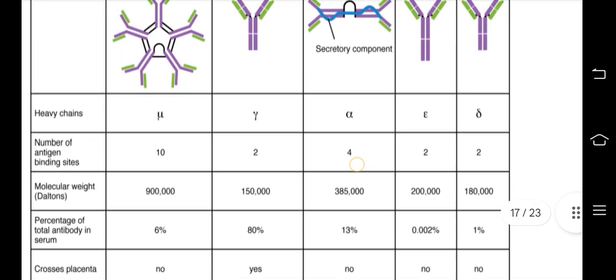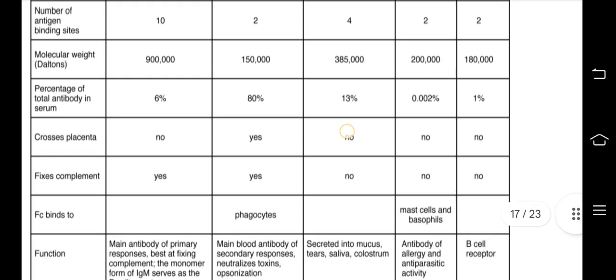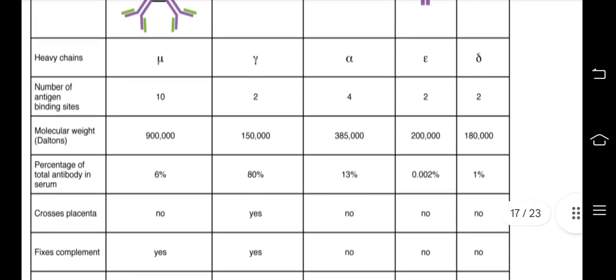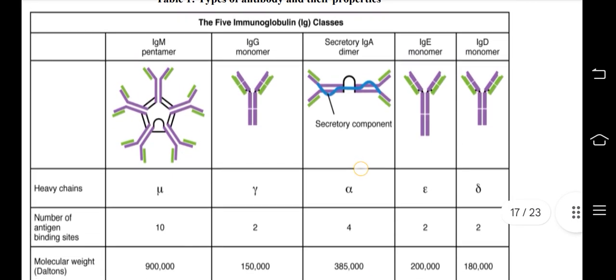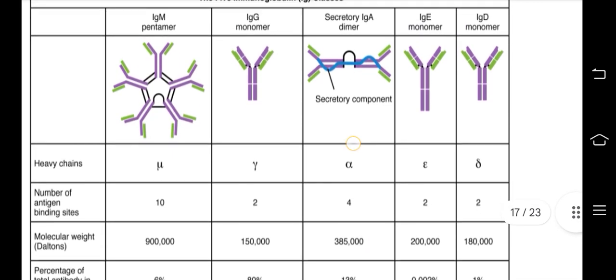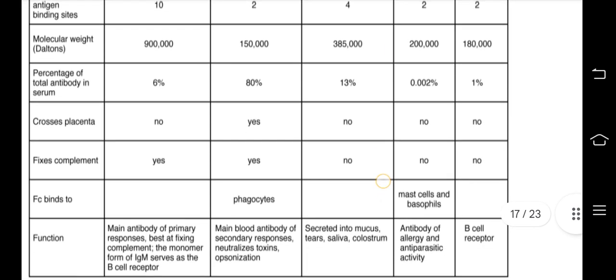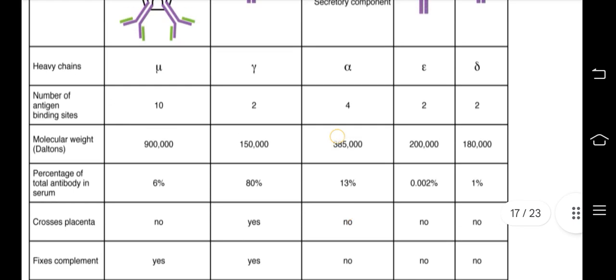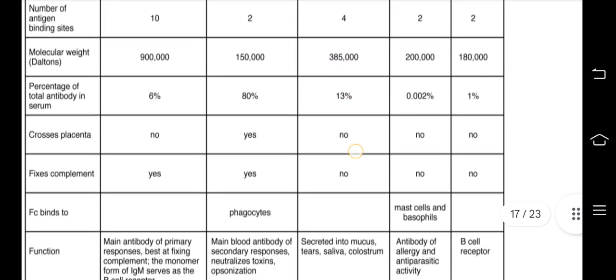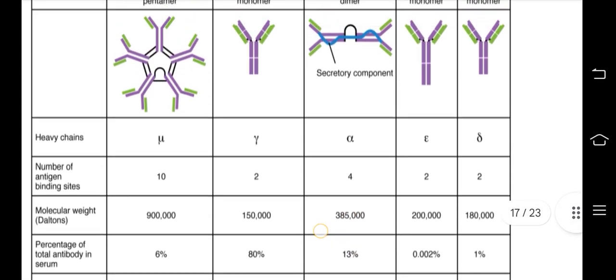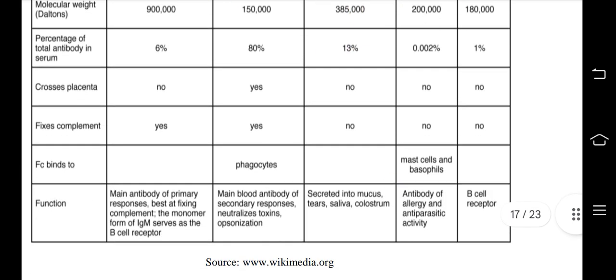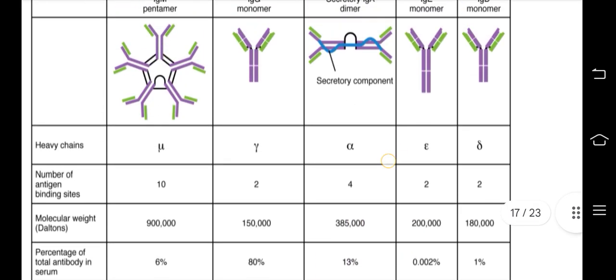Fixes complement: IgM and IgG fix complement, but the other three, A, E and D, won't. Fc binds to phagocytes in the case of G, and to mast cells and basophils in the case of E.